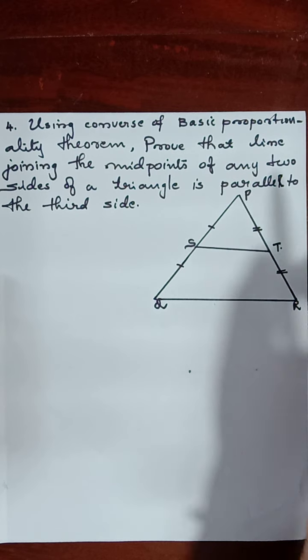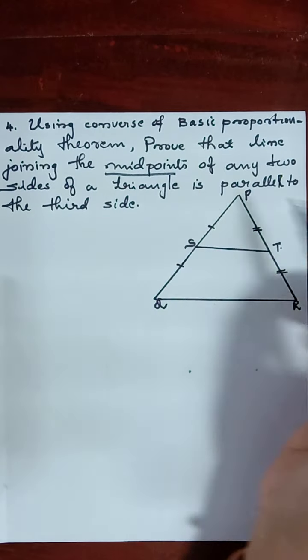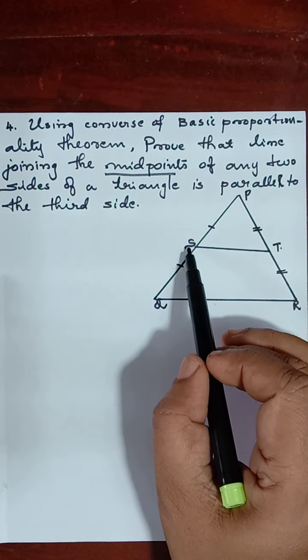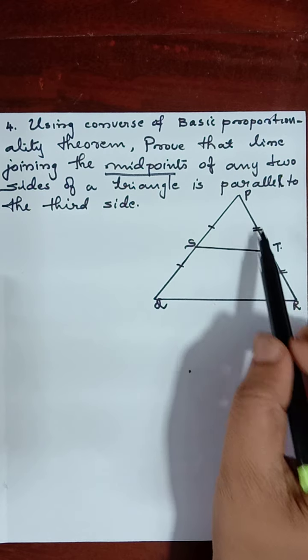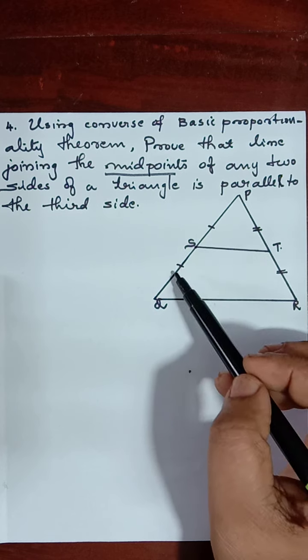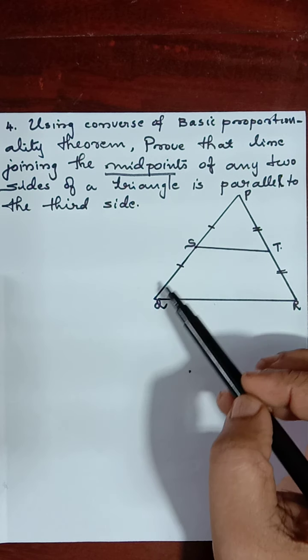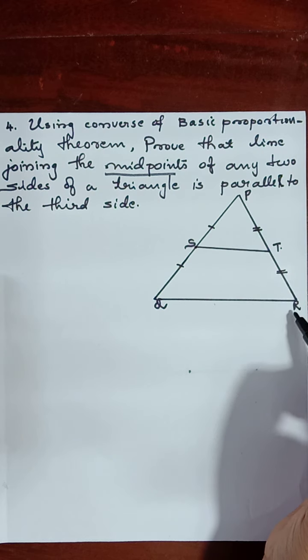So what are the points given to us? Midpoint. Prove that line joining the midpoint. So ST is a line joining the midpoint of PQ and PR. PQ's midpoint is S. That is why I have shown like this. PS is equal to SQ. T is the midpoint of PR.